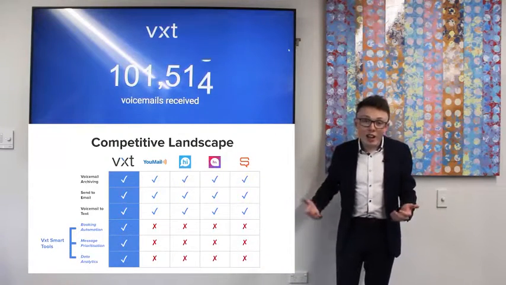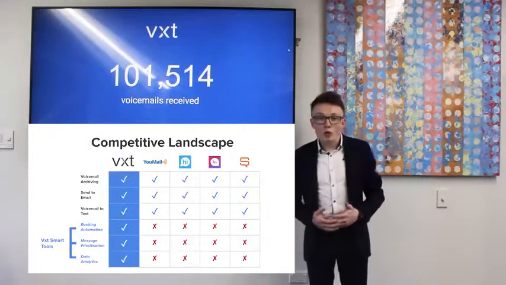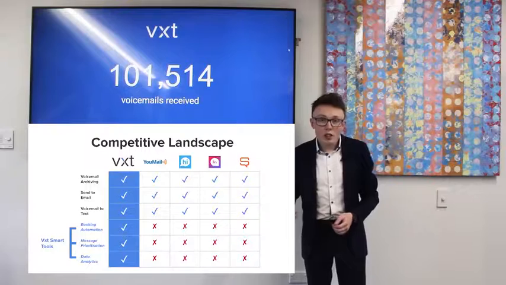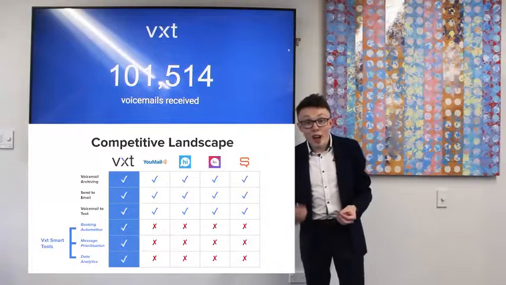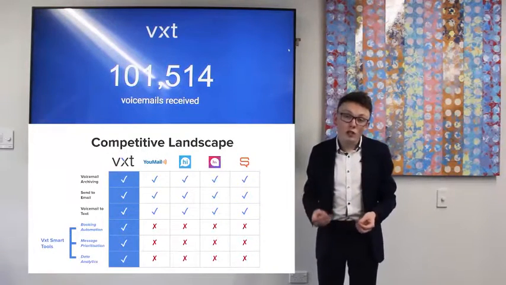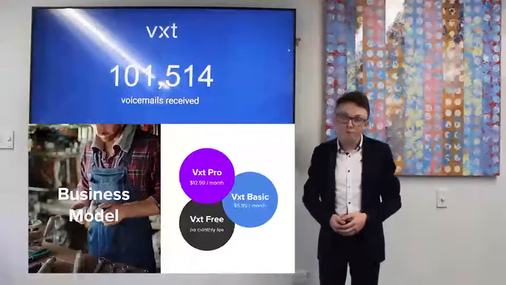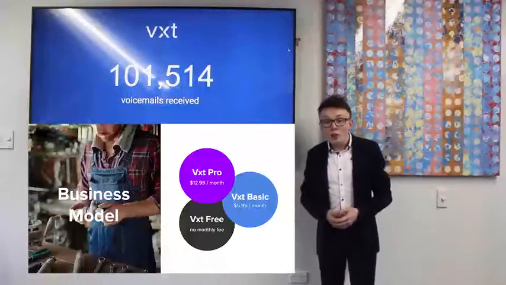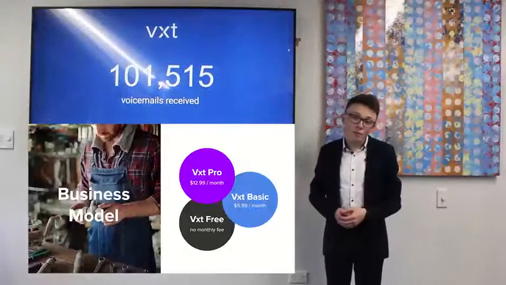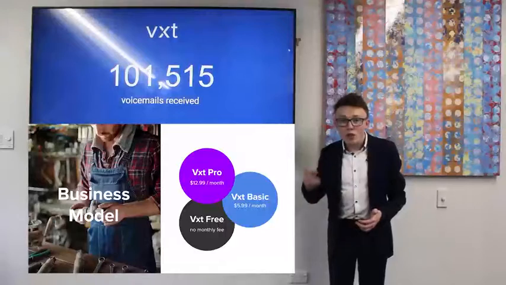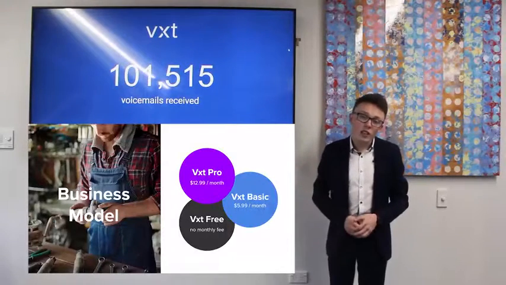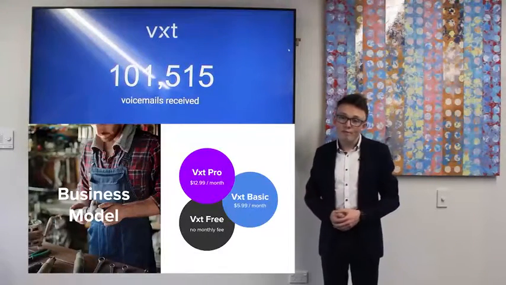We'll utilize in-house machine learning and natural language processing to automate bookings and prioritize messages for our users, which are defendable points of difference for our service. Our business model is a monthly subscription service. We offer a free plan and 2 paid plans, which provide access to exclusive features.